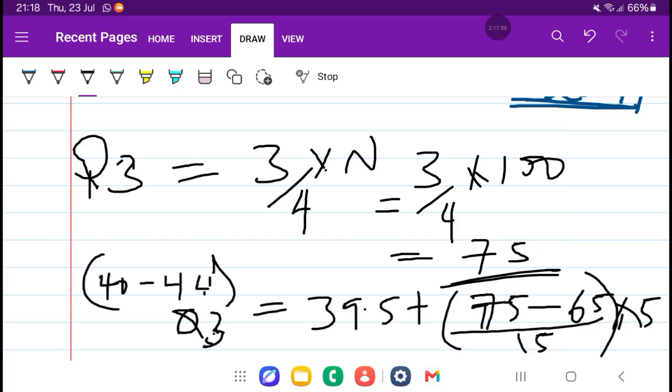And once you do the computation, you'll find that you'll have 40.17. That's our Q3.